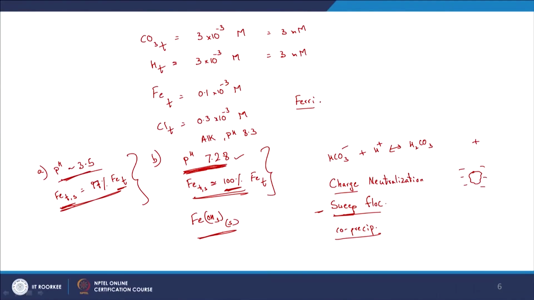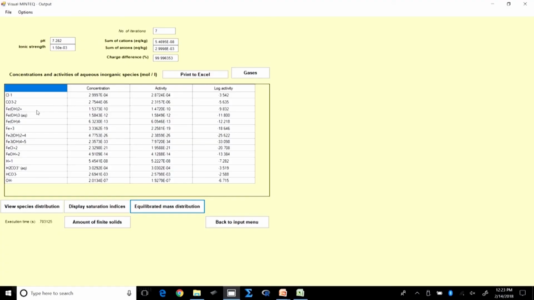Right now you have little to no charge neutralization, because all the Fe3+ has precipitated out. Any complexes that are present, we can look at that here. The positively charged complexes are present even right now at remarkably low concentrations.